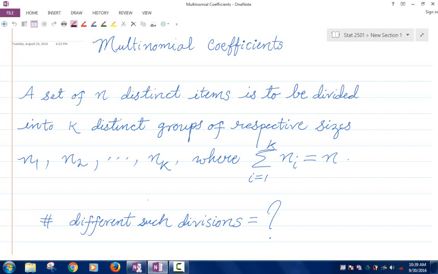How many ways can I do that? That's the question. Is everybody clear on what the question is asking? And then let's move on to the answer.